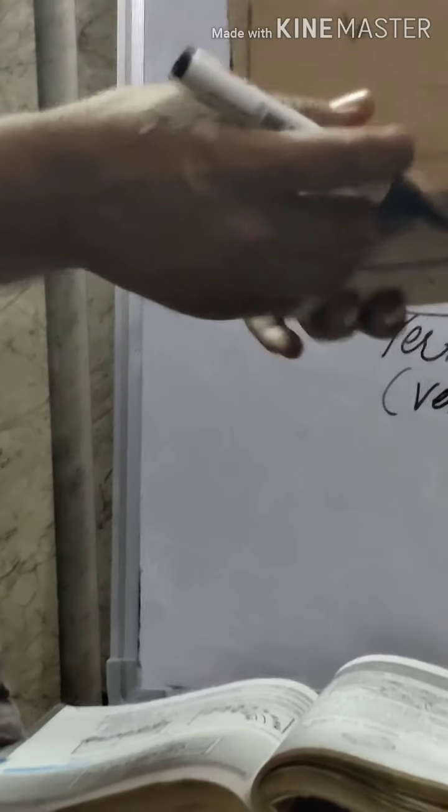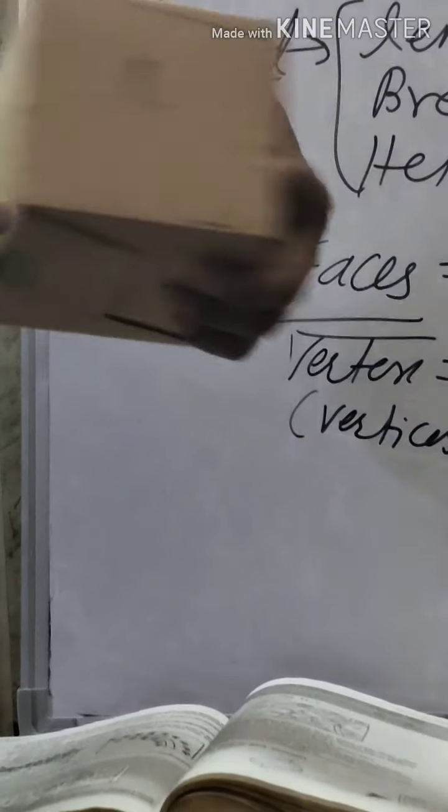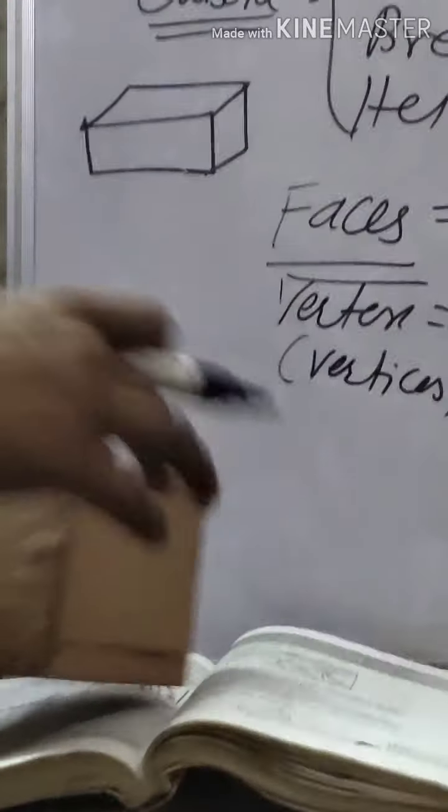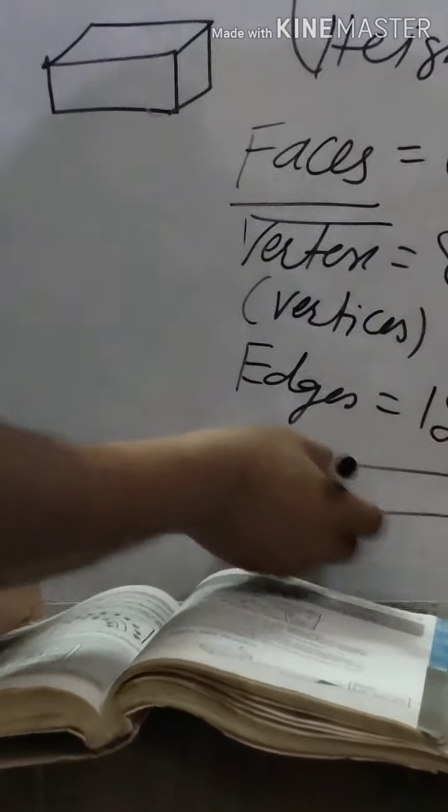One length, and in front of this length 2nd length, then the 3rd length, 4th length. 4 lengths are there, 4 breadths are there and 4 heights are there. These are called the edges. So edges are 12. Clear this?